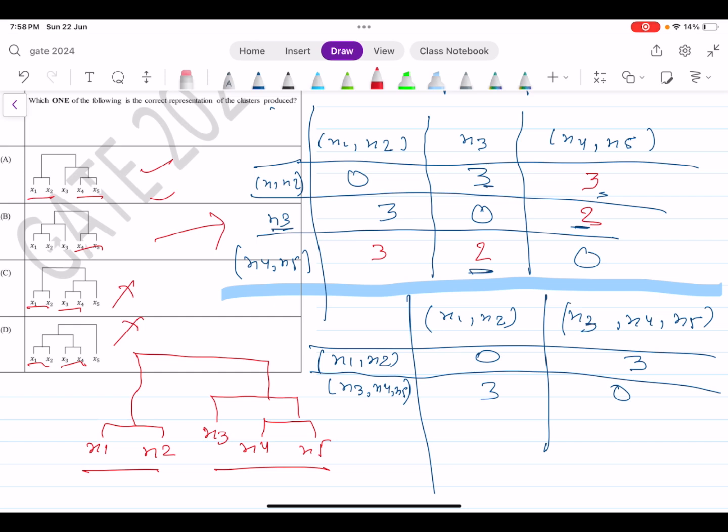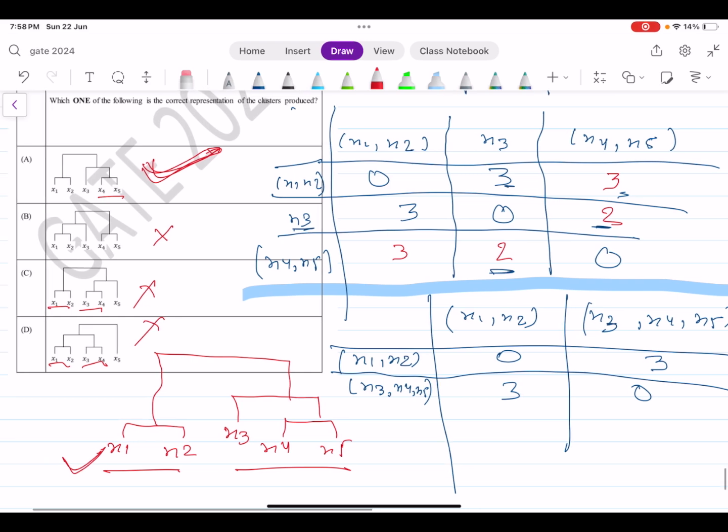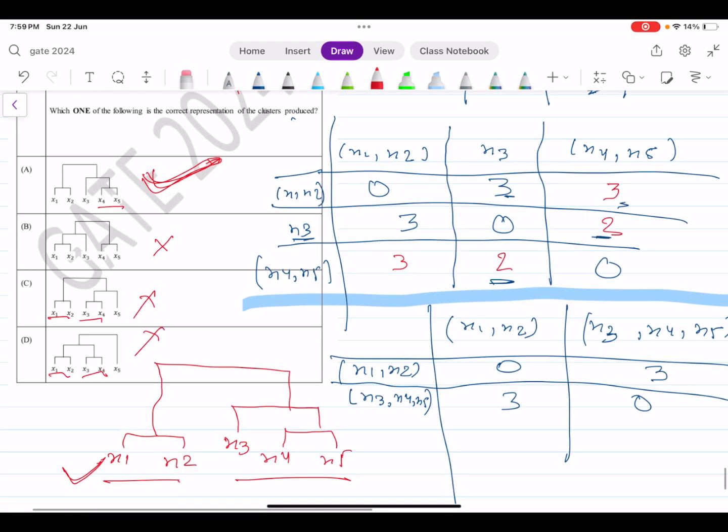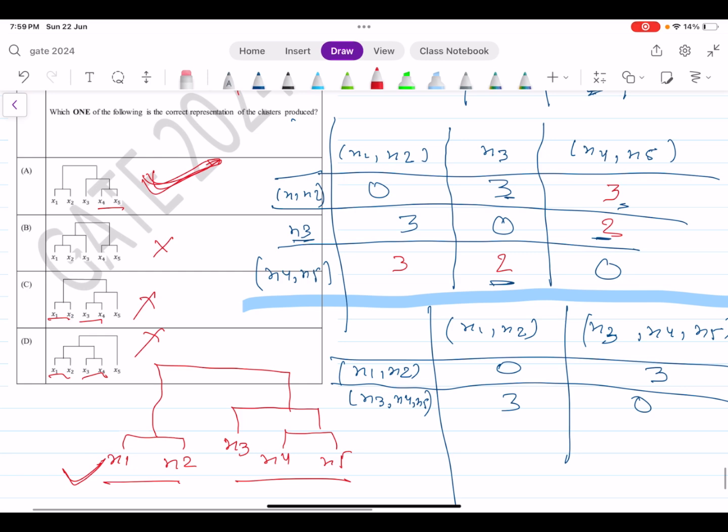Now x3 is connected to x4 and x5, so this particular option is also incorrect, because in it x3 is connected to x1 x2. So the right answer will be A. If you can see our graph and this particular option is exactly similar, so option A will be correct. This is our cluster representation.